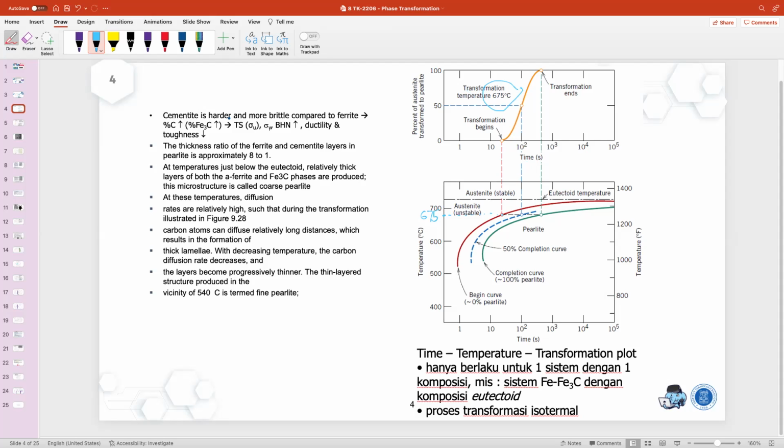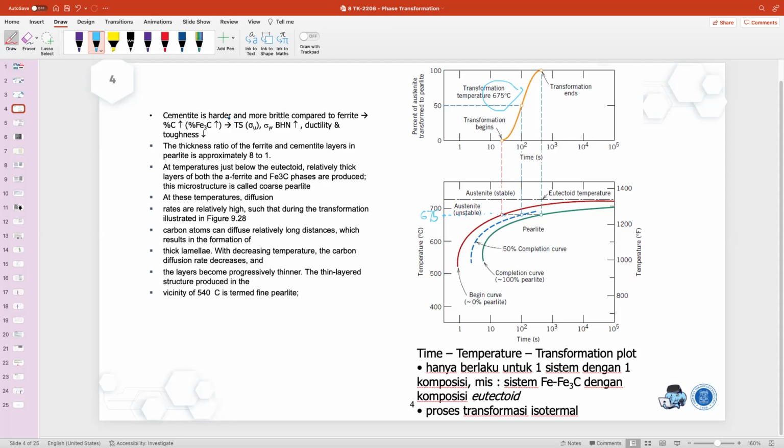The red curve is where the transformation begins, at around 0% pearlite. The second one, the 50%, I make into a dashed curve. This is the essential time. And the last one is the green curve, where the transformation finishes.